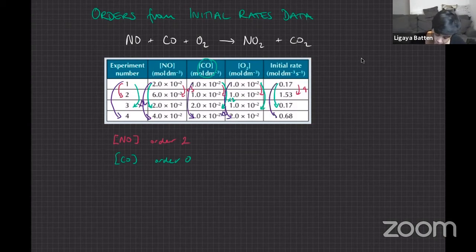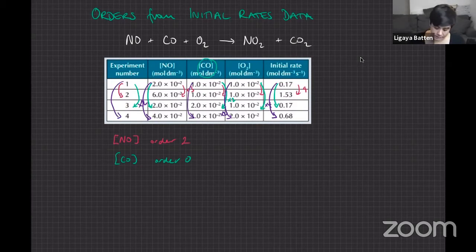And what have we got over here? 0.68 divided by 0.17 equals 4. Okay, so that's times by 4. We already know that nitrogen monoxide was order 2.